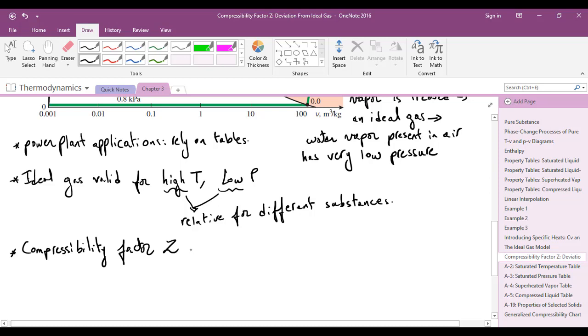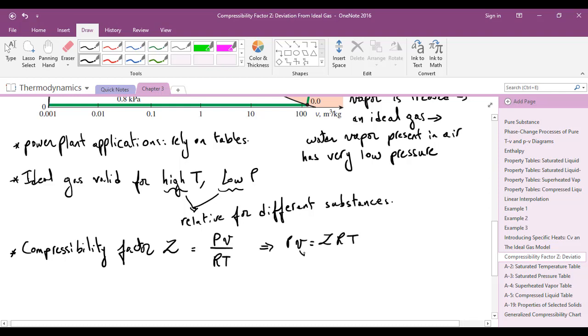So this Z is defined as PV over RT. So we can say that PV is equal to Z RT.